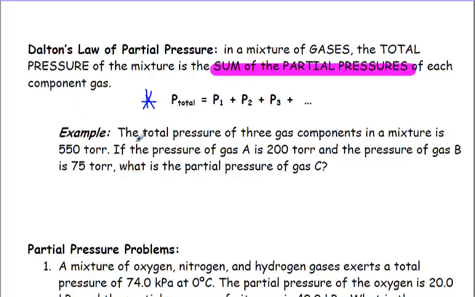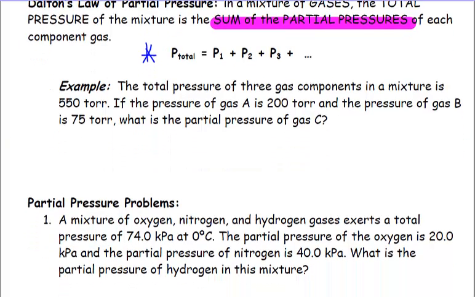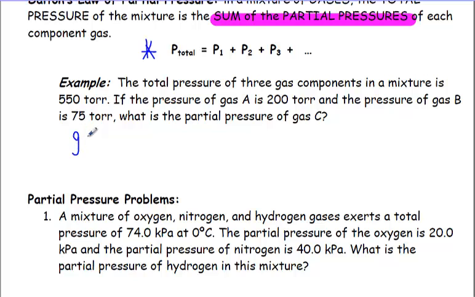to memorize. The total pressure of 3 gas components in a mixture is 550 torr. If the pressure of gas A is 200 torr and the pressure of gas B is 75 torr, what is the partial pressure of gas C? Because it says 3. So we have gas B is 75.